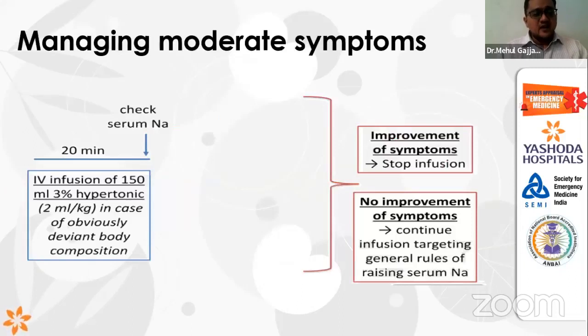Here the guidelines recommend that you should at least give 1 dose of 150 ml of 3% hypertonic saline and see whether symptoms are improved or not. If symptoms have clearly improved and the patient's consciousness is quite improved, then you should stop the infusion. If there is no improvement in the symptoms, then continue the infusion targeting the general rules of raising serum sodium level.